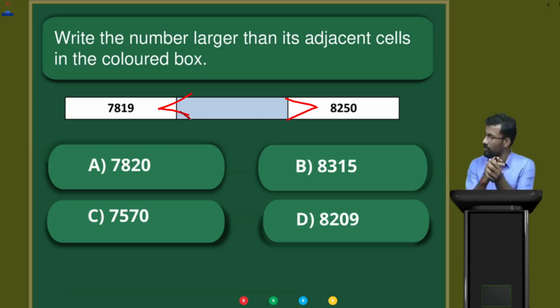Write the number larger than its adjacent cells in the colored box. I am giving you another 1 minute of time. Answer it properly, students. Option A, B, C or D. Which of the following will be the correct answer?